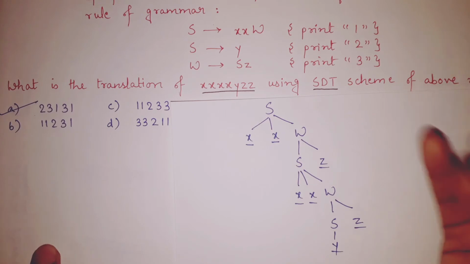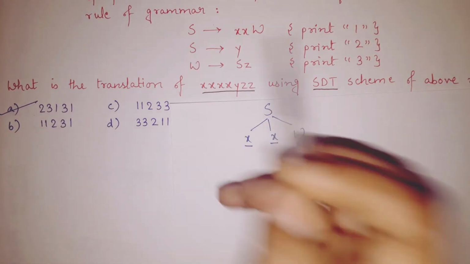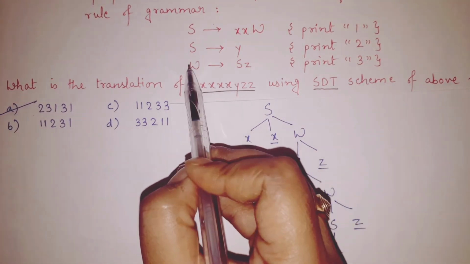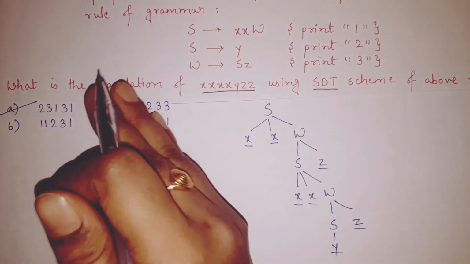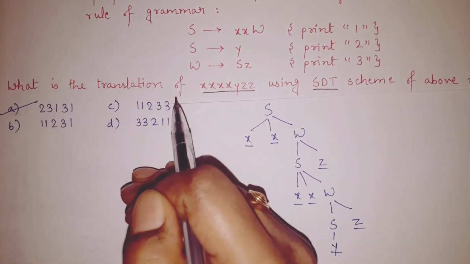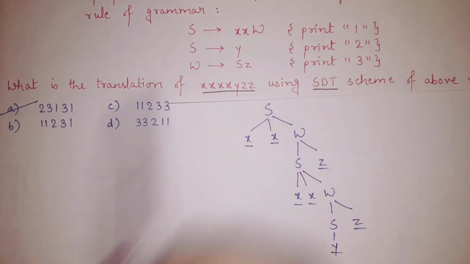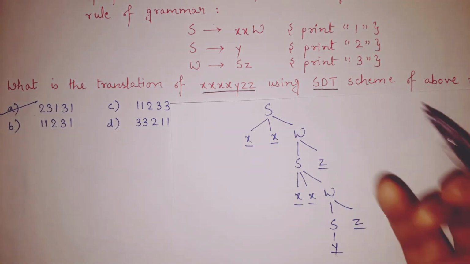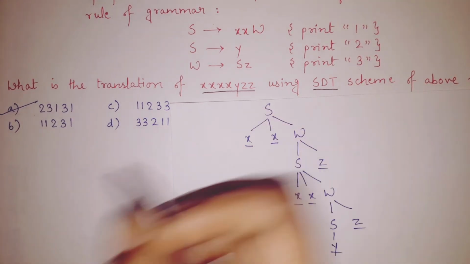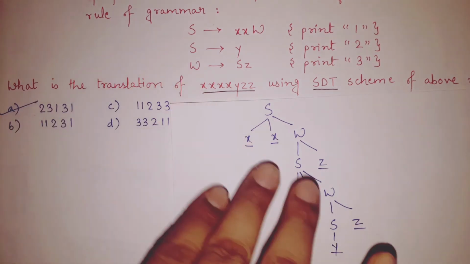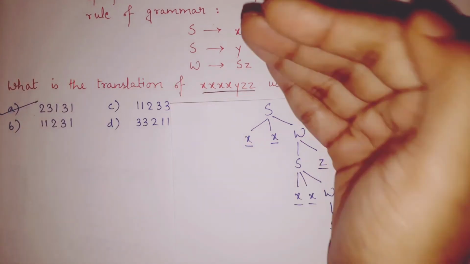Means Y is reduced to S, SZ is reduced to W. Whenever we get such reduction moves, we will carry out these actions. Clear? So let's directly see, and start parsing our parse tree, left to right and top to bottom.